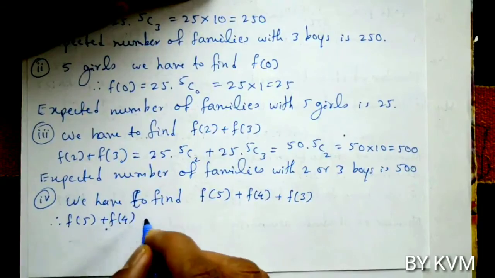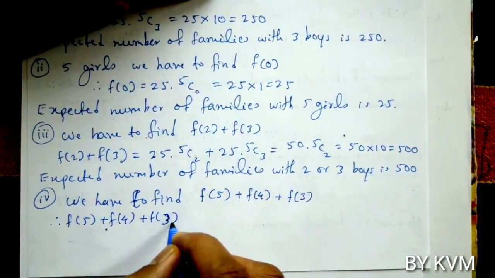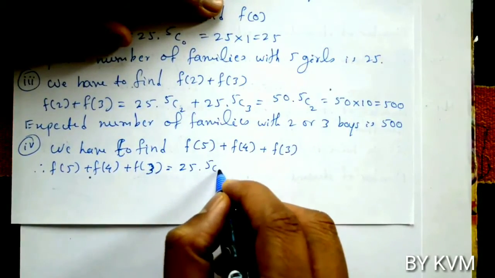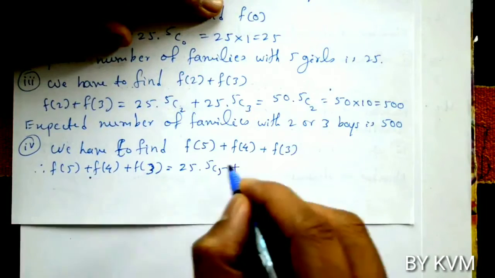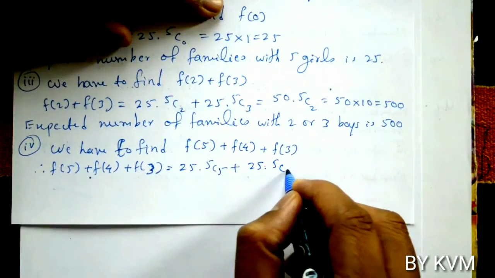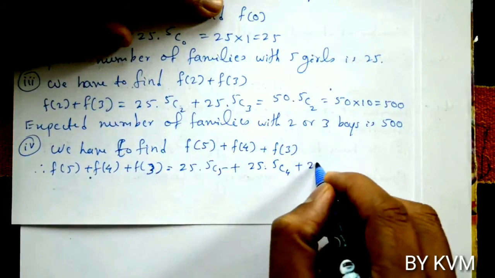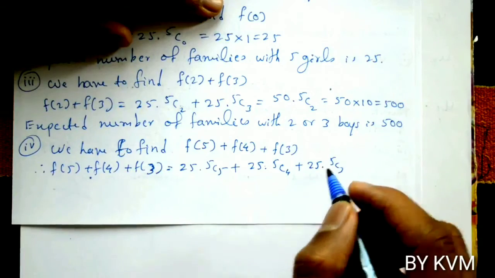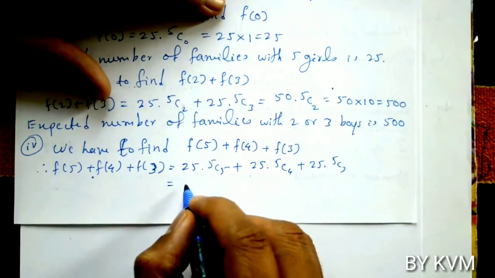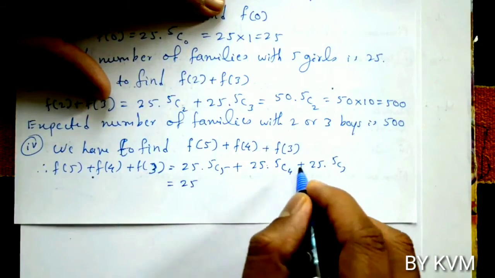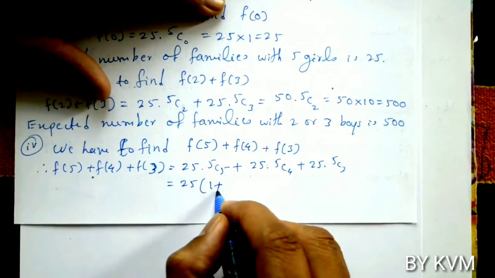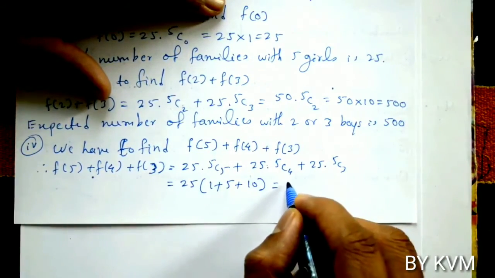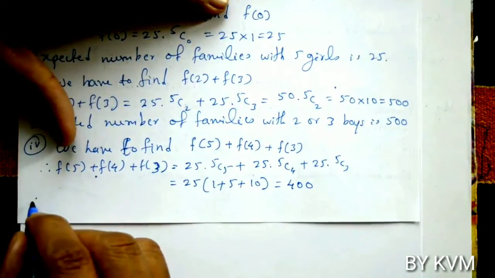At most 2 girls means there can be no girls, there can be 1 girl, there can be 2 girls. So, no girl means 5 boys, that is f of 5, 1 girl means 4 boys, that is f of 4, and 2 girls means 3 boys, that is f of 3. So, f of 5 plus f of 4 plus f of 3 is equal to 25 into 5 c 5 plus 25 into 5 c 4 plus 25 into 5 c 3, that is 25 into (1 plus 5 plus 10), that is 400.